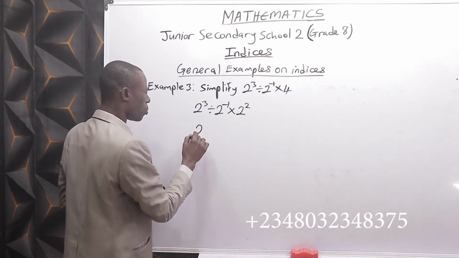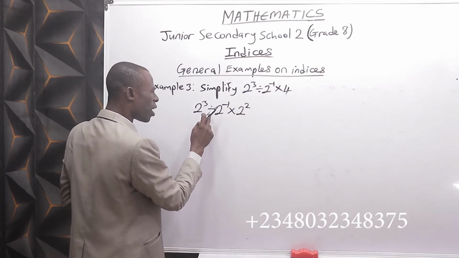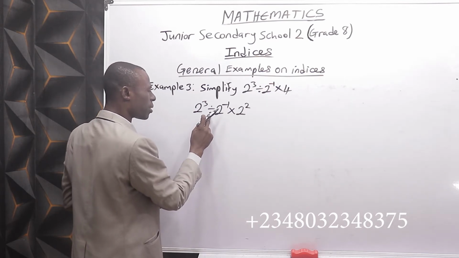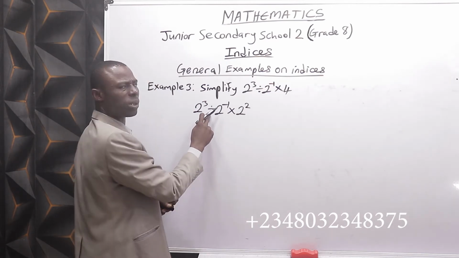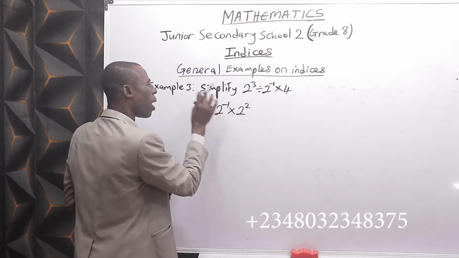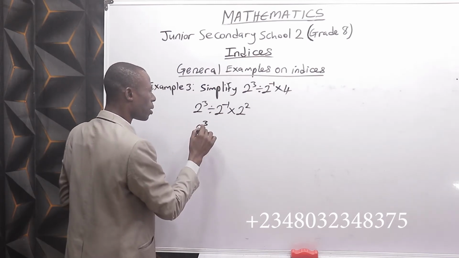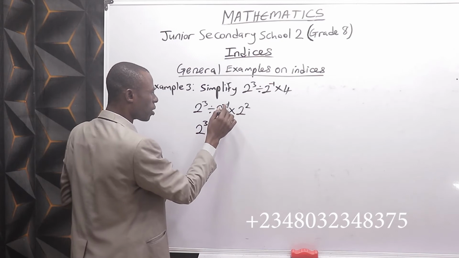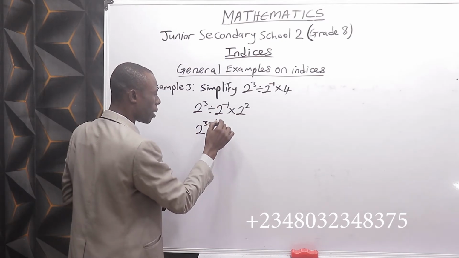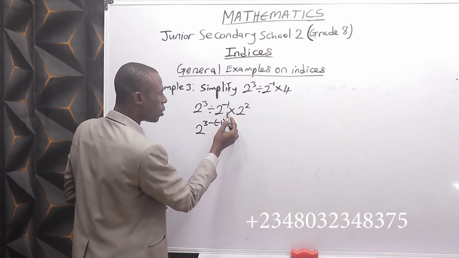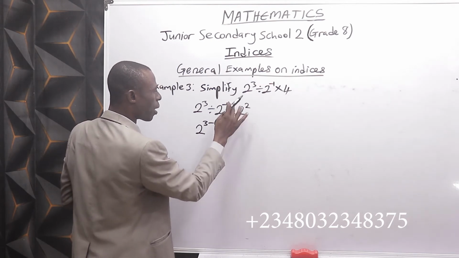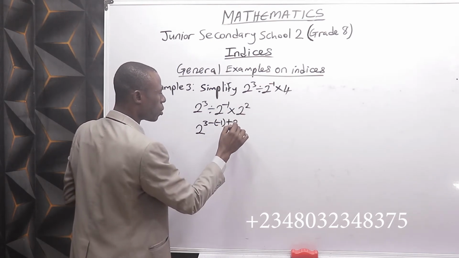So you choose 1. Where you have division, let the division sign change to subtraction at the power level. So you have 3 minus, what is the power here? Negative 1. The multiplication will change to addition at the power level, plus 2.